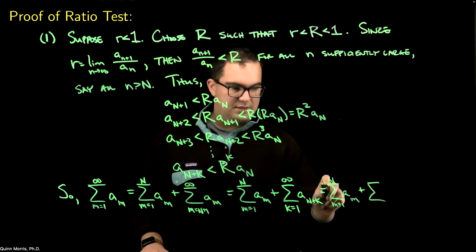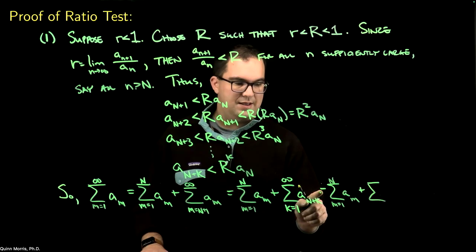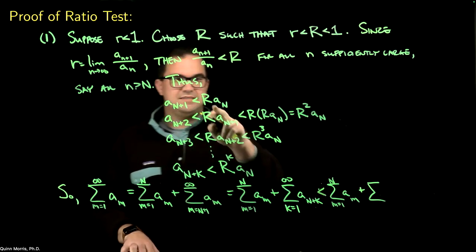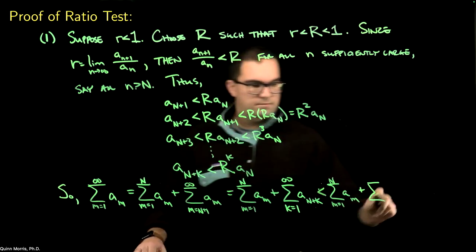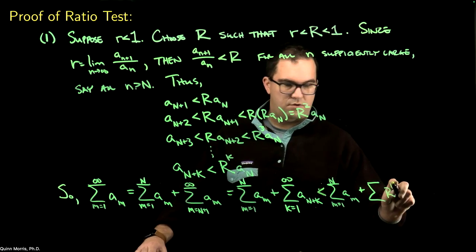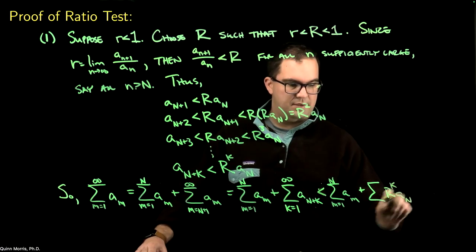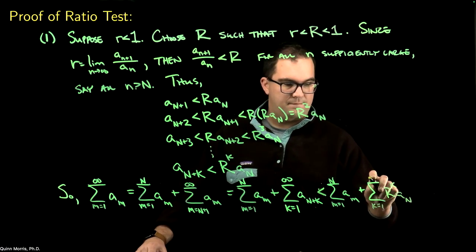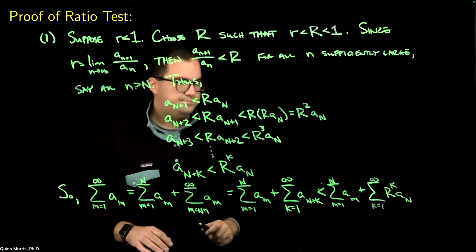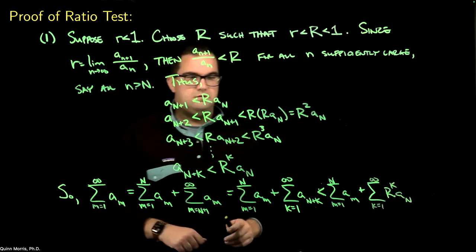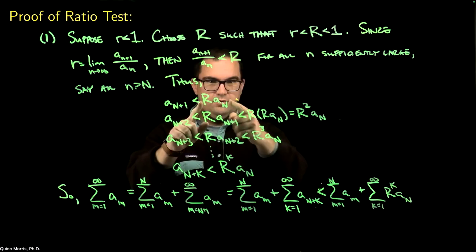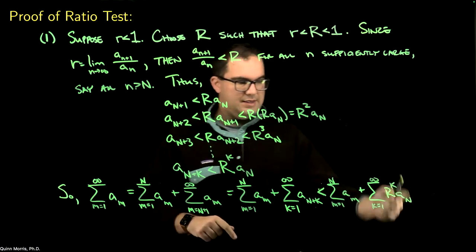And sorry, now I want to make this a less than, because what I'm going to do is replace each of these terms with r to the k times a sub N. So for each of these terms, I'm using this inequality here.